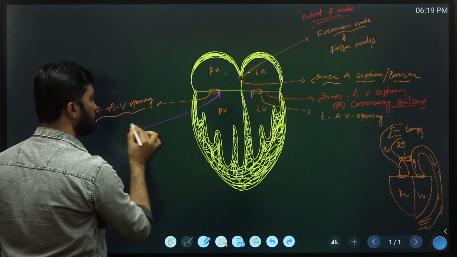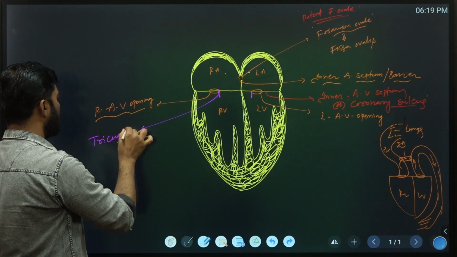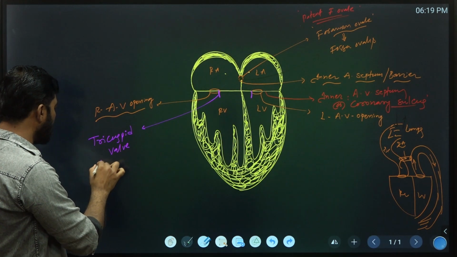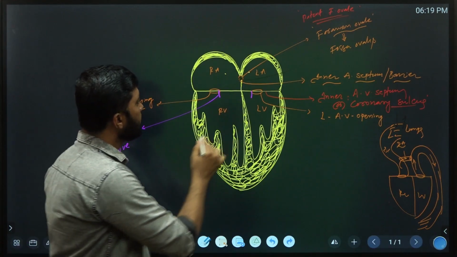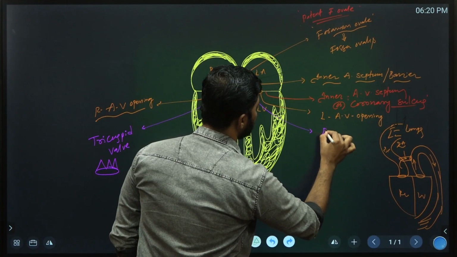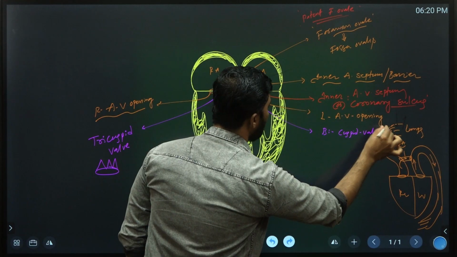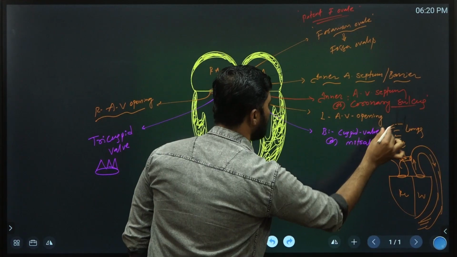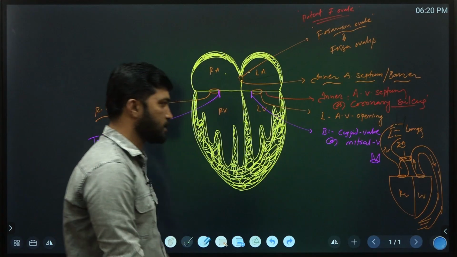This is called the tricuspid valve, with three narrow pointed structures. Here is the bicuspid valve, another name mitral valve, with two narrow pointed structures like this.